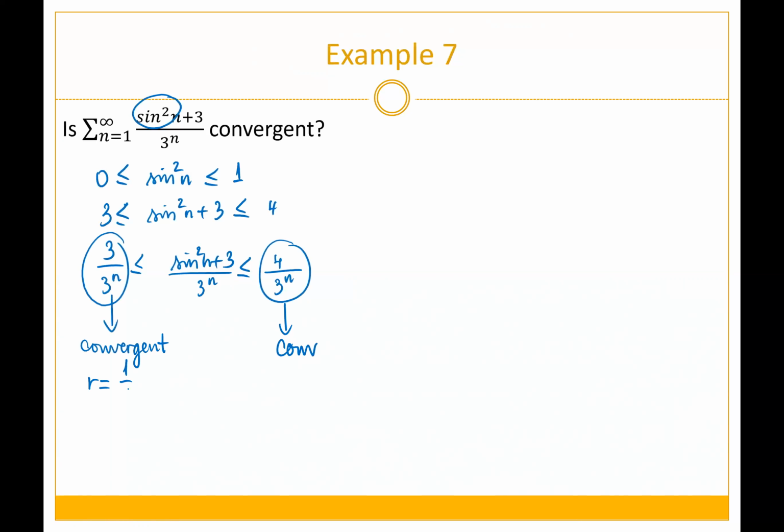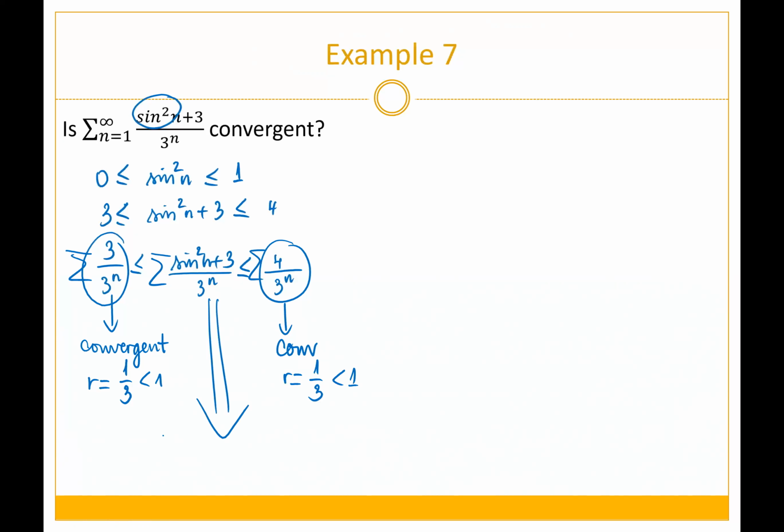Because here you have the geometric series with r equal to 1/3. If you write the series out, this one is also r equal to 1/3, and it's smaller than 1, so it is convergent by the geometric series test.